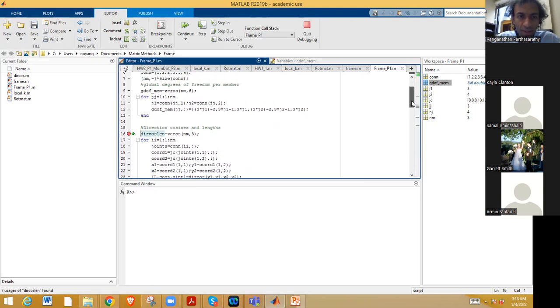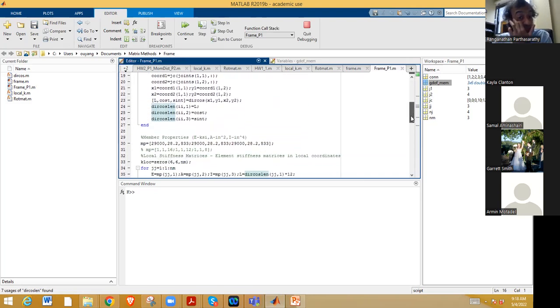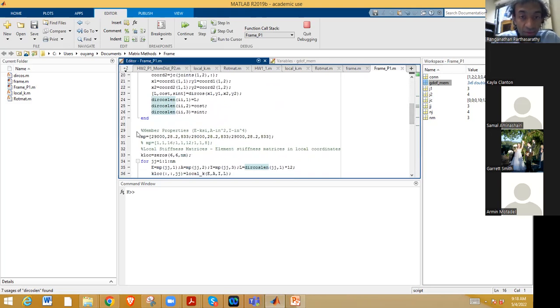Okay, so now let's calculate all the direction cosines, everything, and then we will come to the member properties. So the member properties for here, 29,000, area is 10.3. Let's revise that. 10.3 square inch for all of them.